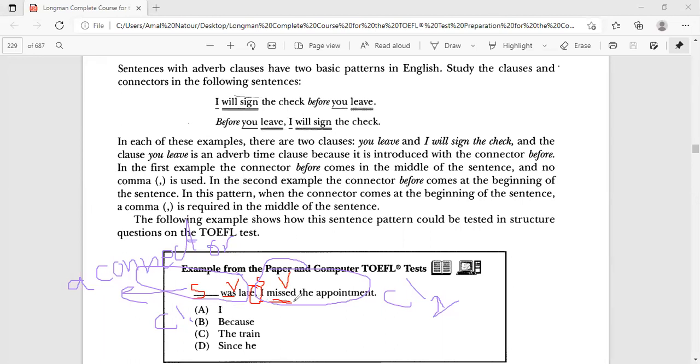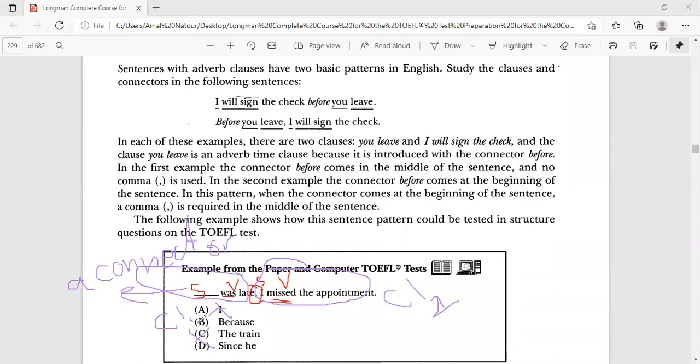If you choose answer A or answer C, the train, you will have a subject for the verb was, but you will not have a connector to join the first clause with the second clause. Because you need a connector to join two clauses, A and C are wrong.